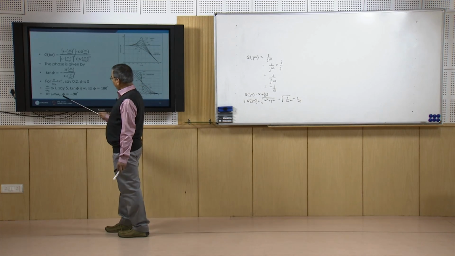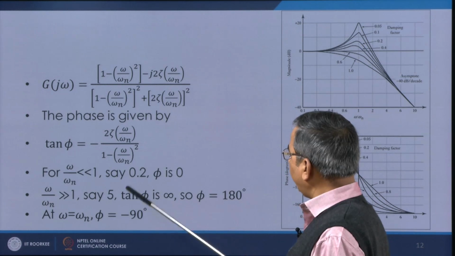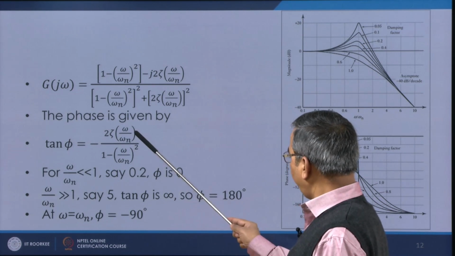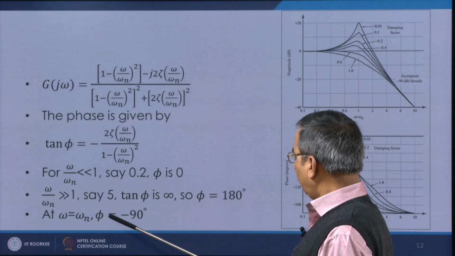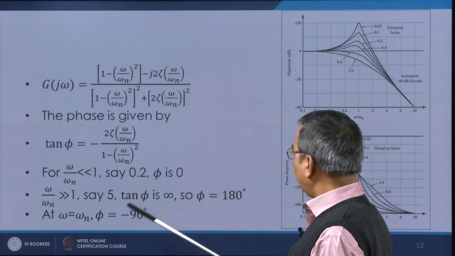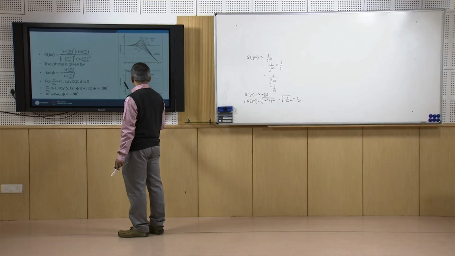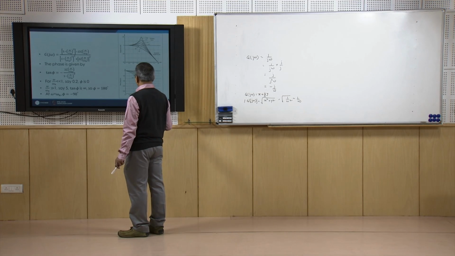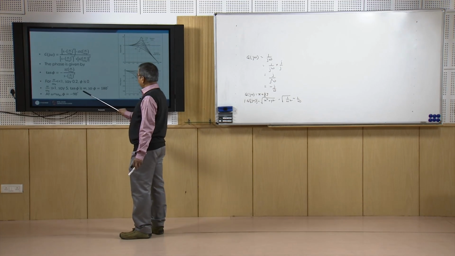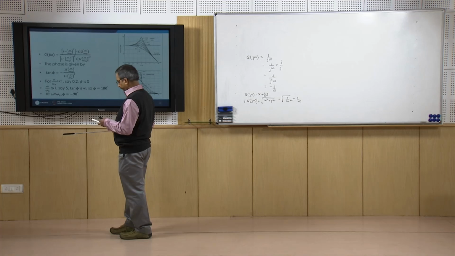And when omega is equal to omega n, this value becomes infinity, and so phi is equal to minus 90 degree. So, here you can say this value corresponds to phi equal to minus 90 degree.